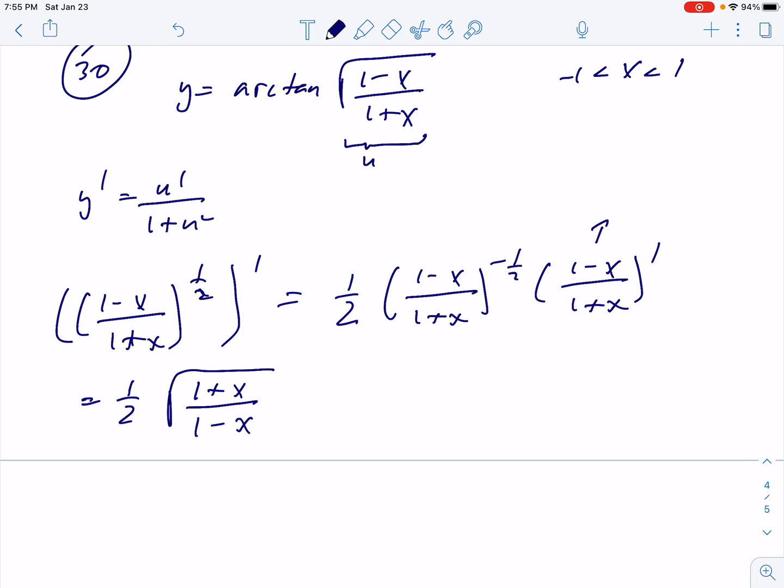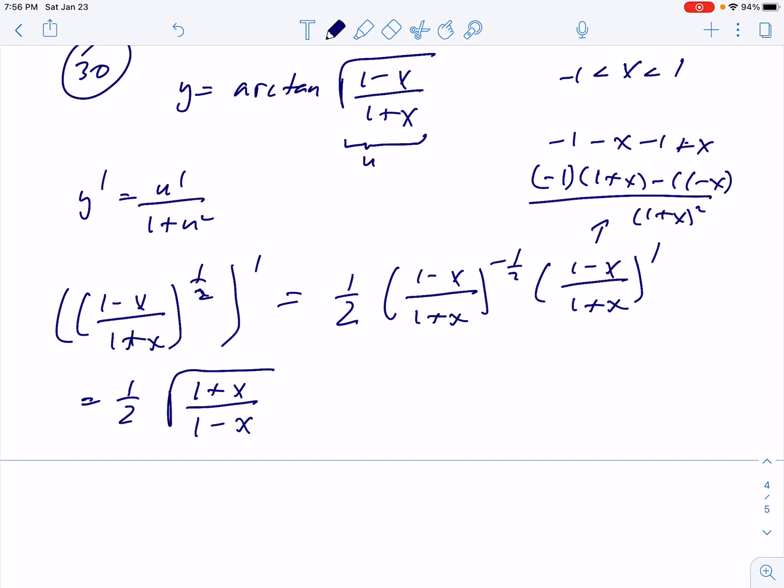Using the quotient rule, on the top we have negative 1 times 1 plus x minus 1 times 1 minus x, and all this over 1 plus x squared. On the top, when we remove parentheses, this will be negative 1, negative x, another negative 1 plus x.